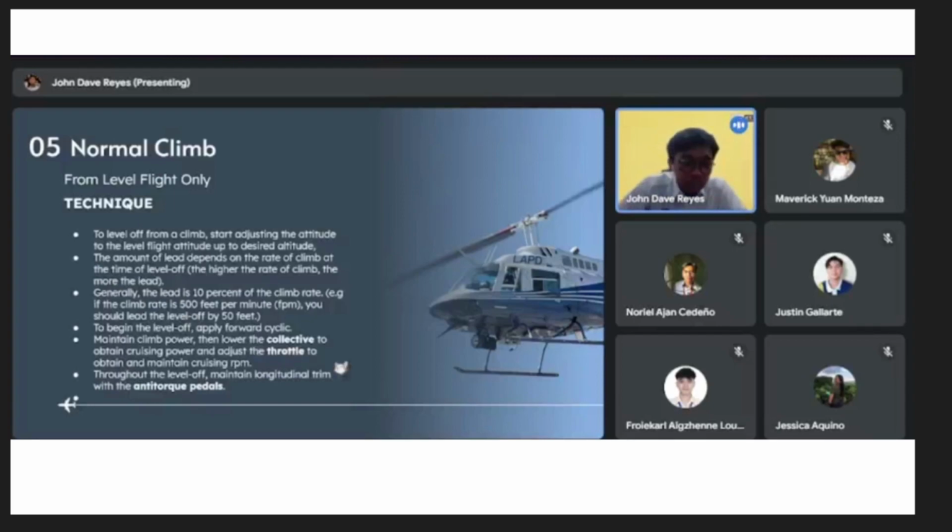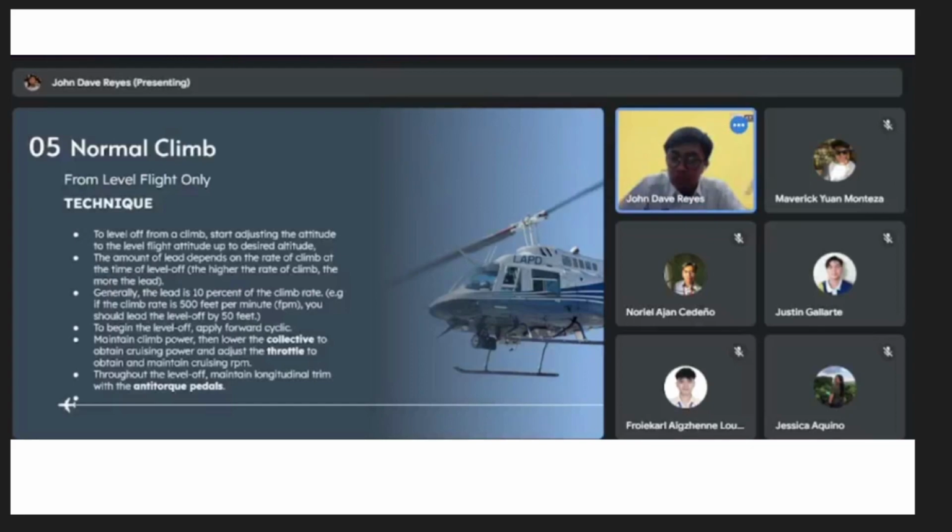So let's take for example, if the climb rate is 500 feet per minute, you should lead the level off by 50 feet. So to begin the level off, apply forward cyclic to adjust and maintain a level flight attitude.